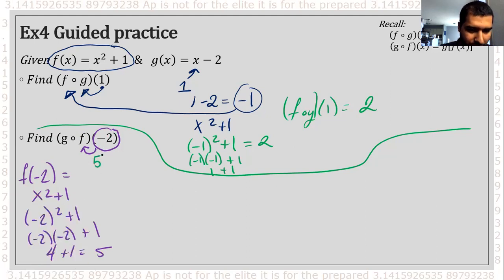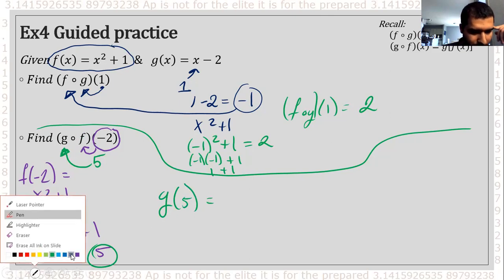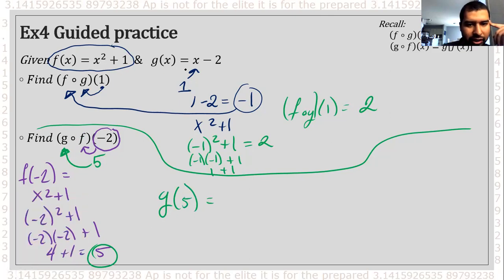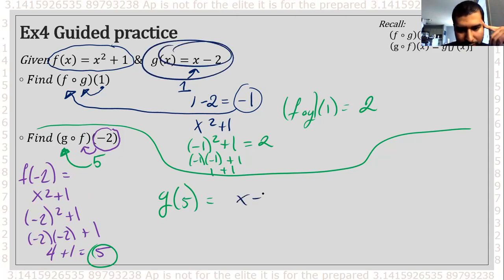Now, whatever it gives you, you substitute it into the left function, which is g. So I'm solving for g of 5. My g is x minus 2, so now it's going to be 5 minus 2, which gives me a solution of 3.